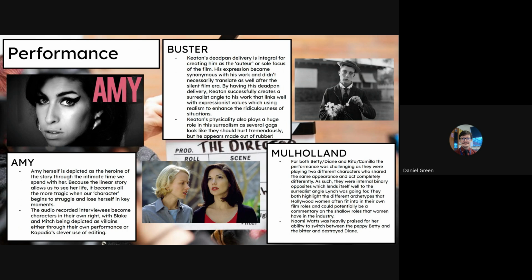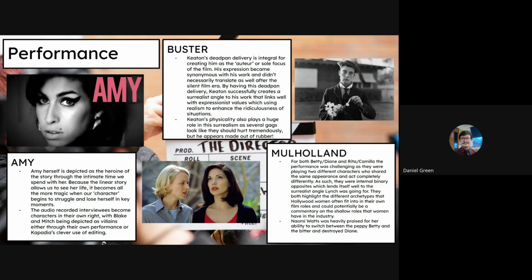And they also both highlight the different archetypes that Hollywood women often fit into. So like the over-sexualized lesbian, or the typical doe-eyed new actress, or the bitter and damaged actress who's been worn down by decades of abuse. It's almost a commentary on the shallow roles that women have in the industry.